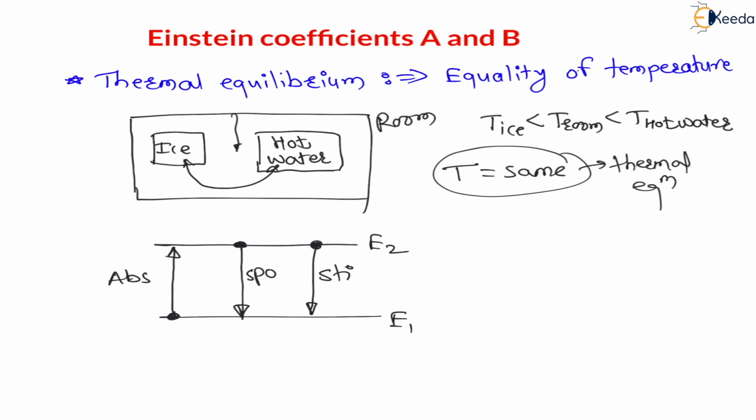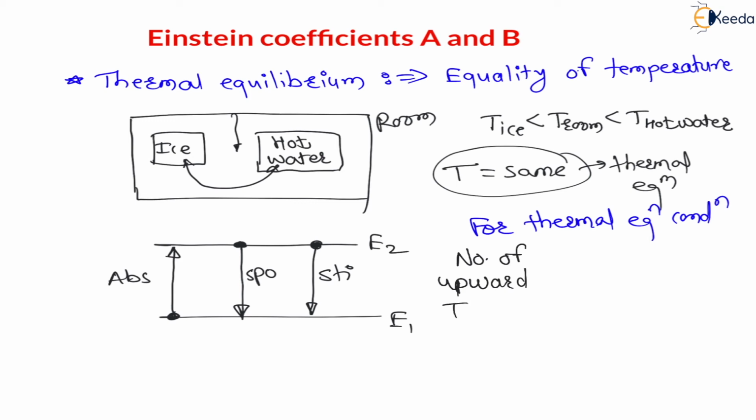Now my dear students, for the thermal equilibrium condition of these two states, the number of upward transitions will be equal to the number of downward transitions.